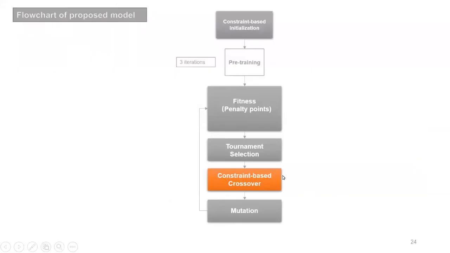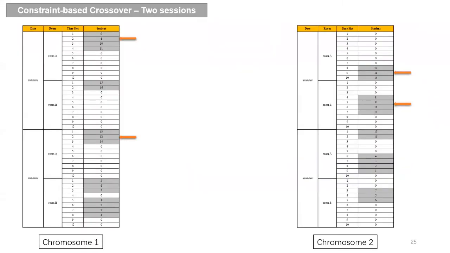Well, then let's introduce the crossover part, which is the main part of this algorithm. During the crossover, we have to make sure that a whole session will not be broken. And meanwhile, we have to make sure that a whole session has to be held or placed in a single day. Therefore, the normal or traditional crossover no longer works.